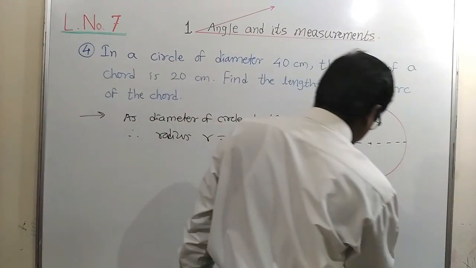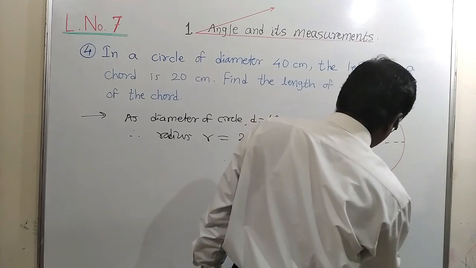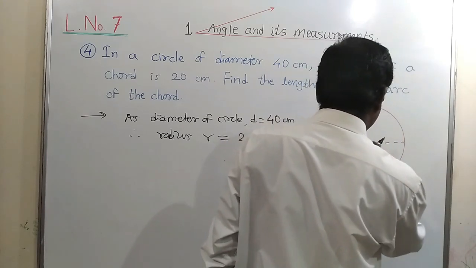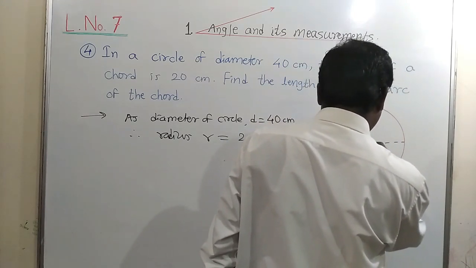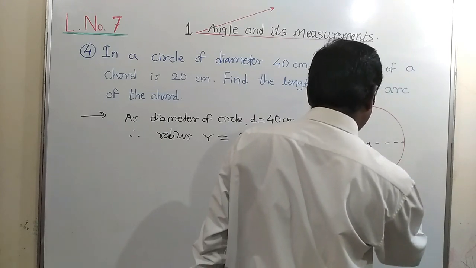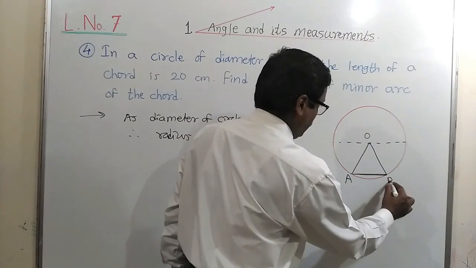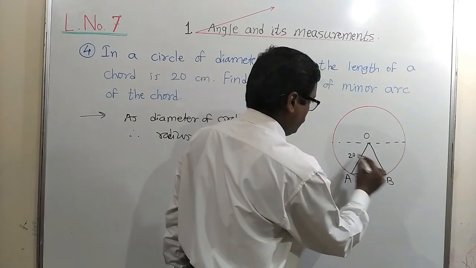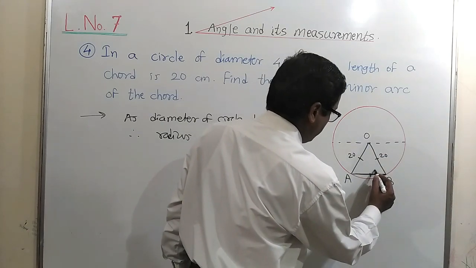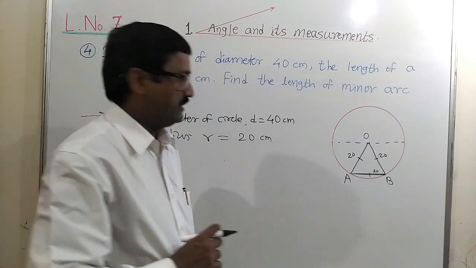Here one chord is given whose length is also 20 centimeter. So in this case, the radius is 20 centimeter, length of chord is 20 centimeter. So here is the formation of equilateral triangle because radius is 20, this radius is 20 and the length of chord is also 20. So the formation of equilateral triangle is here.